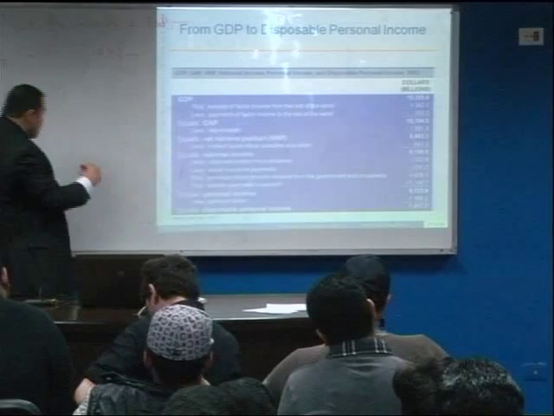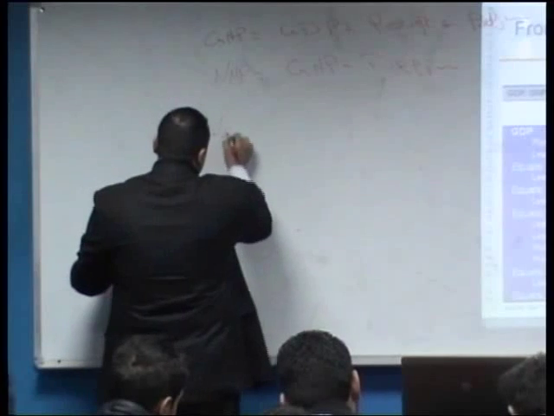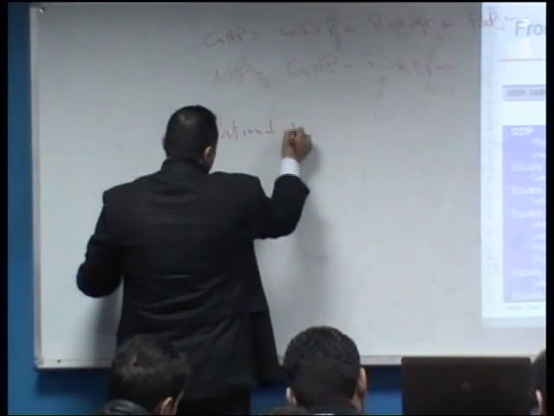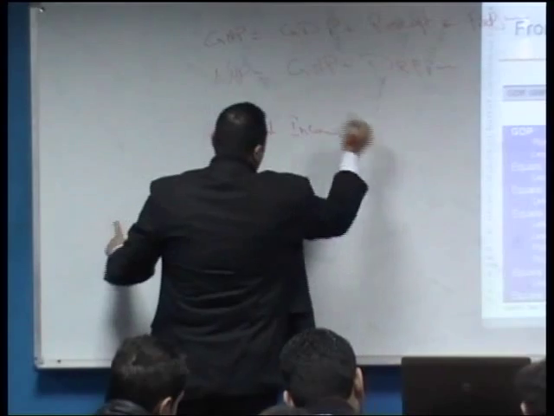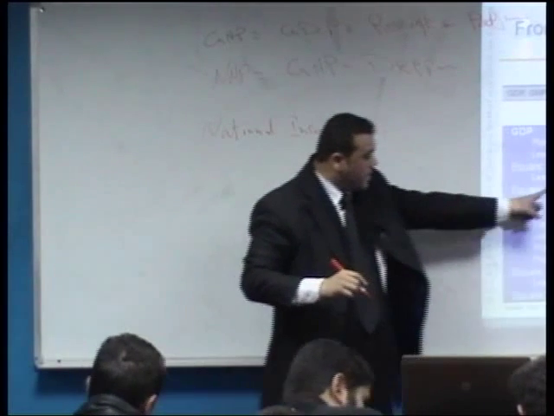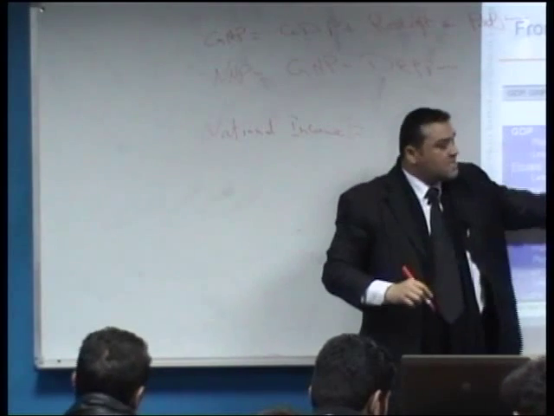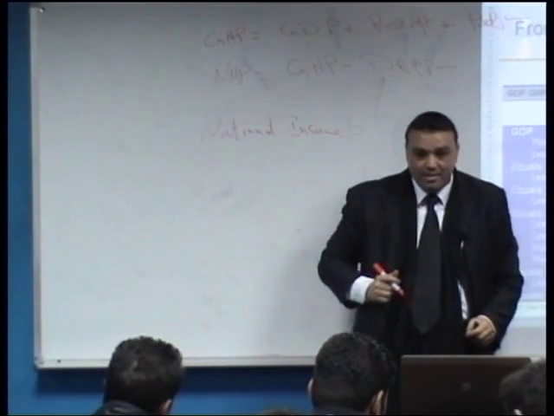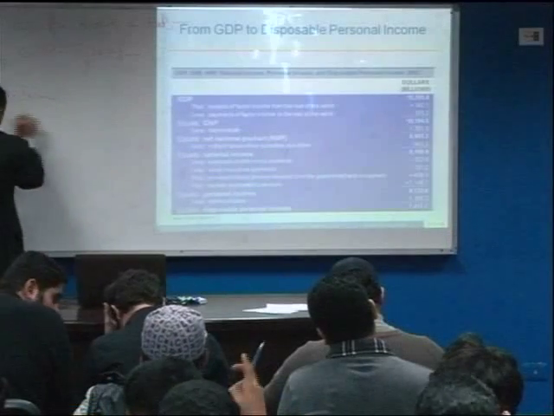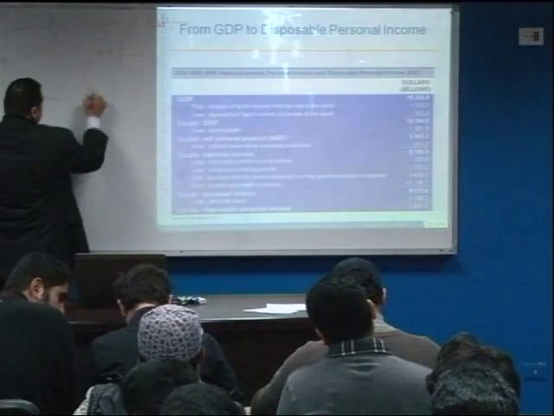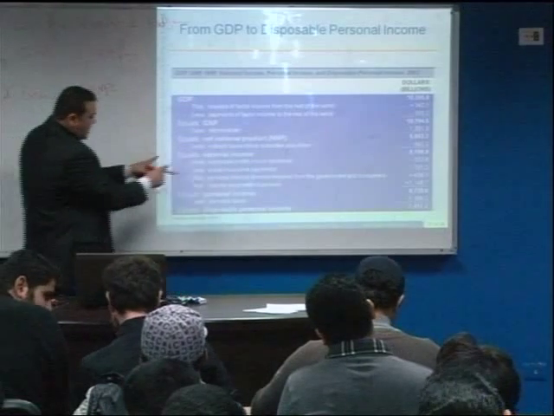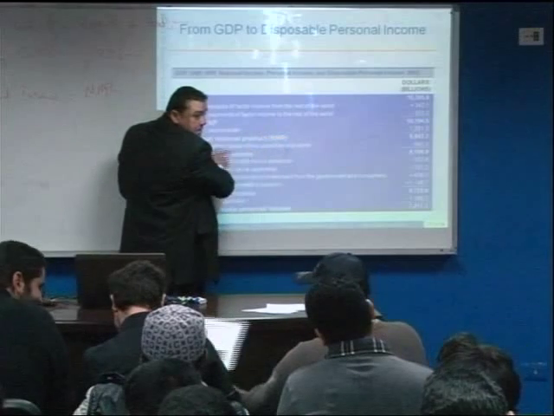Yes, national income. Equals NNP minus indirect taxes plus subsidies. صح؟ So national income equals NNP minus الماينس هذه داخله على الاثنين. Right?